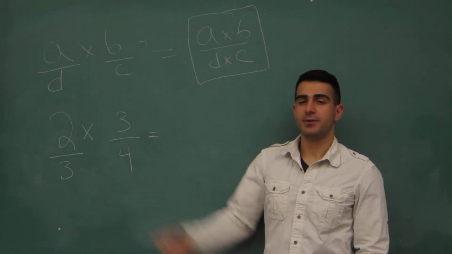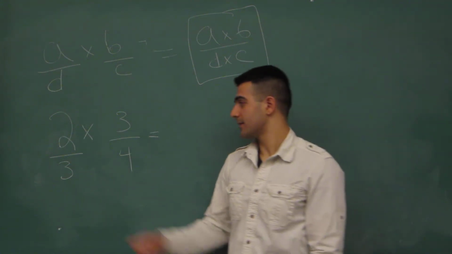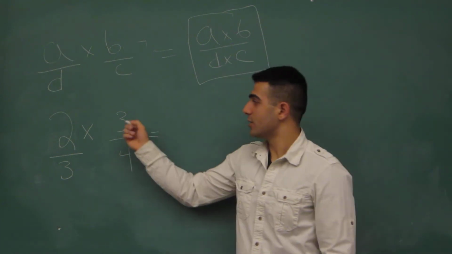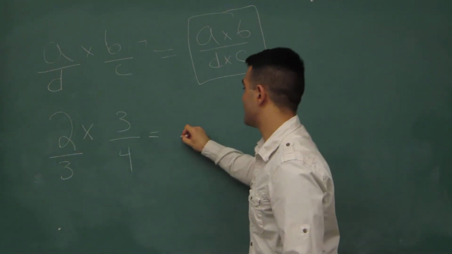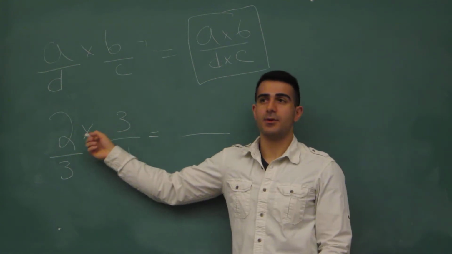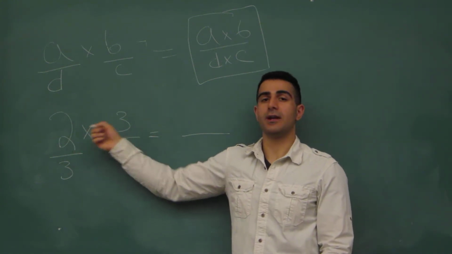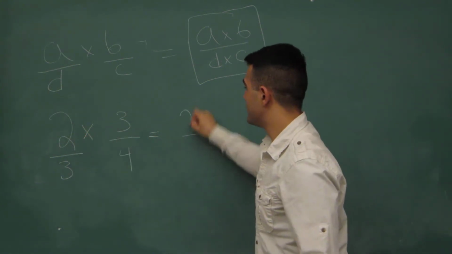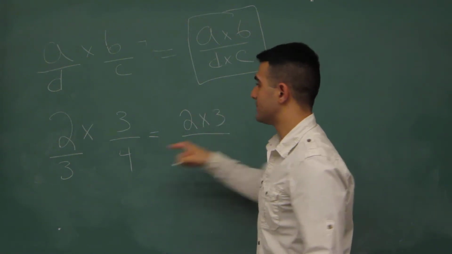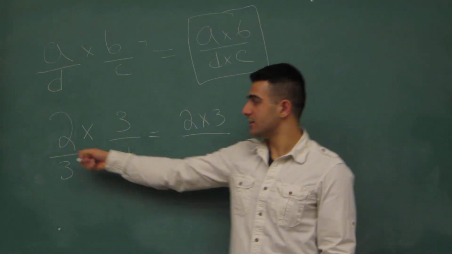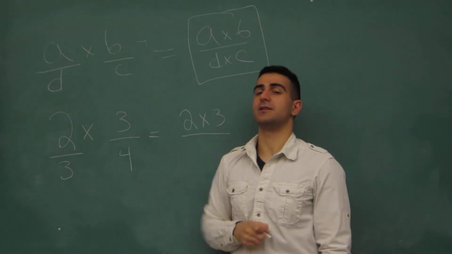So how would we multiply these two fractions together? What I said was you take the resulting fraction, which would be the multiplication of the numerators of the two fractions. So that's 2 times 3, because 2 is in the numerator and 3 is in the numerator.